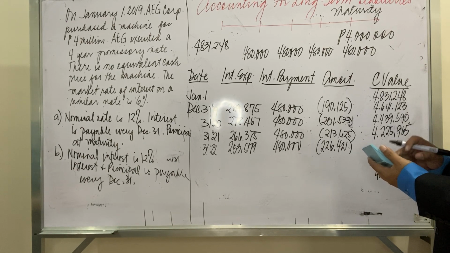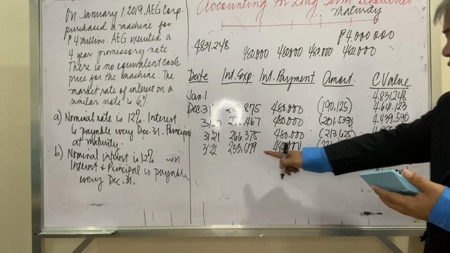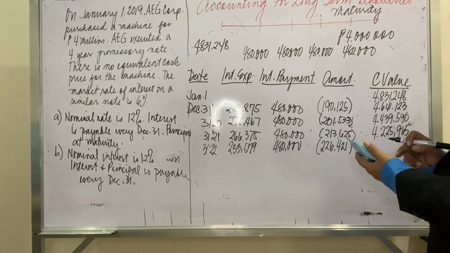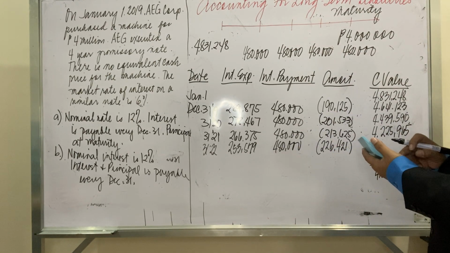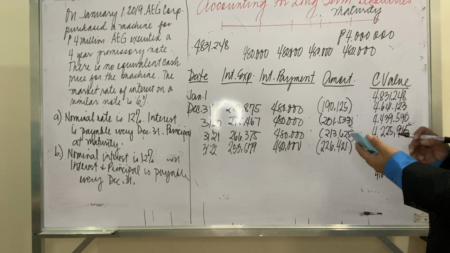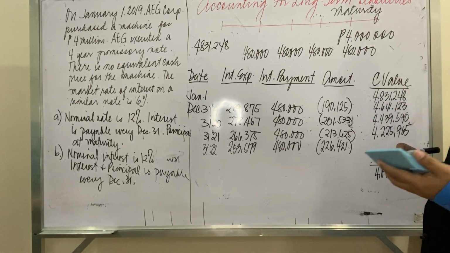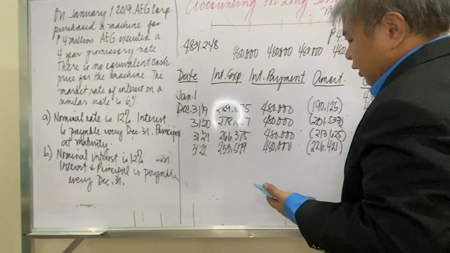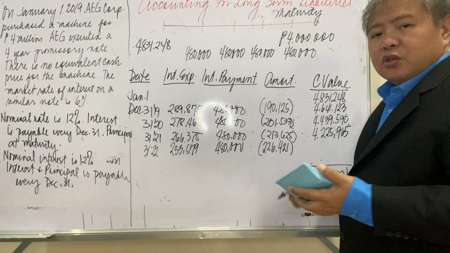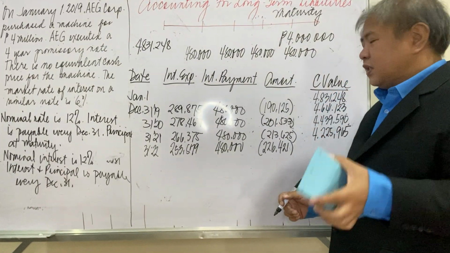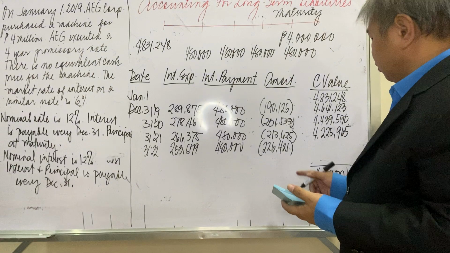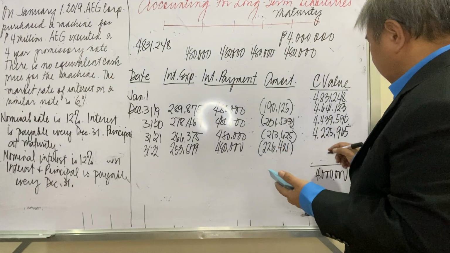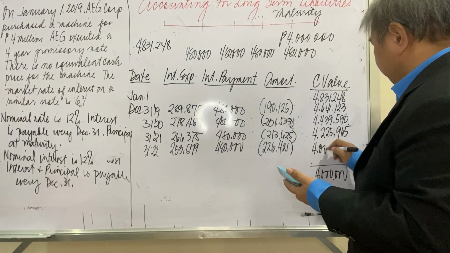So we will have to adjust this one. That's a difference of about 456,000, so we will just have to adjust so that here, this will be 4 million pesos.